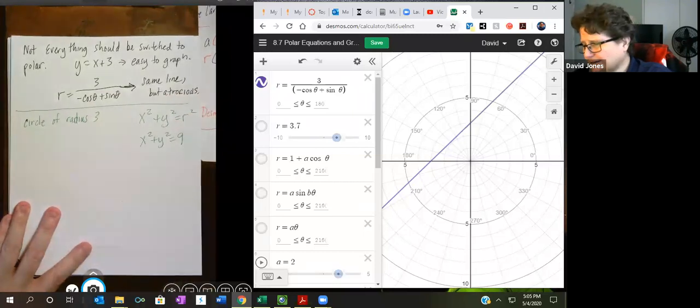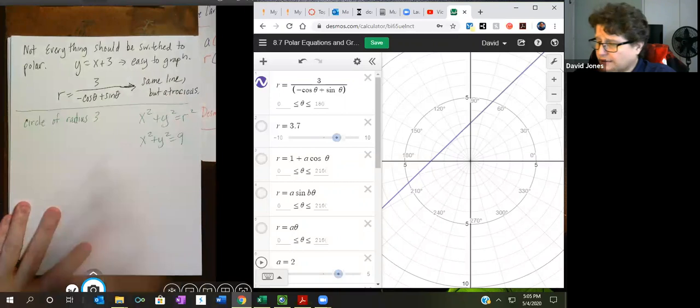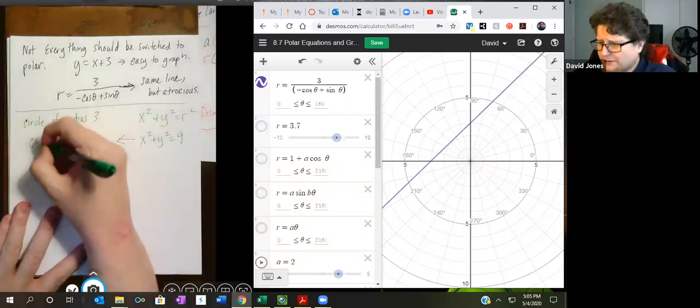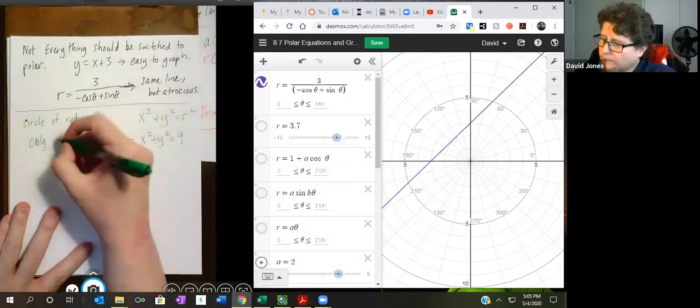This is really only easy to graph in Cartesian because we learned how.